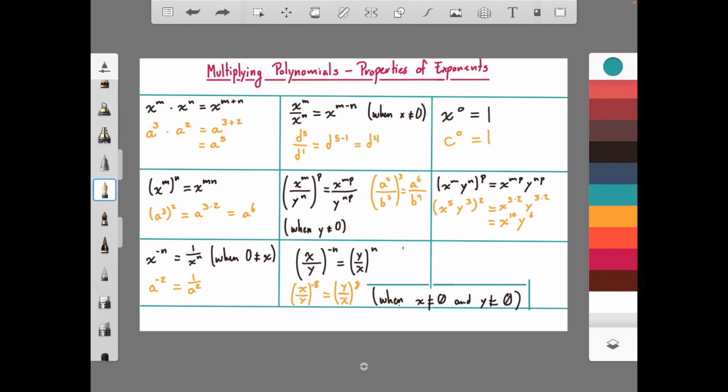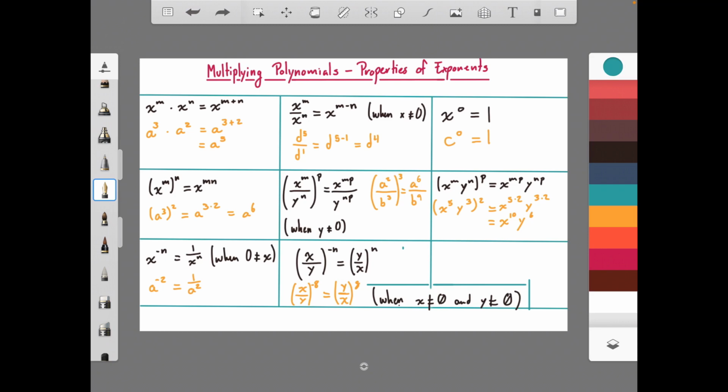Okay, so this one is another very common one, and mainly because it's the opposite of the first rule slash property of exponents. So that's very used as well. And in this example, we can see d to the 5th power over d to the 1st power. So since they're dividing and they have the same base, we just do d to the 5 minus 1 power, or d to the 4th power.